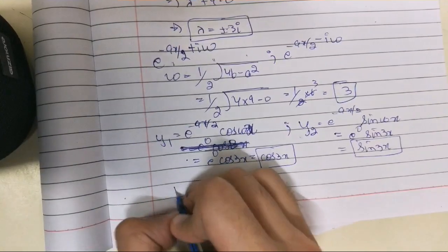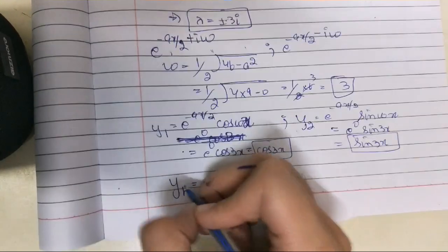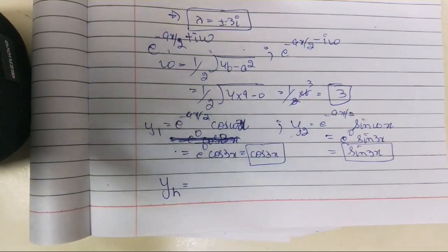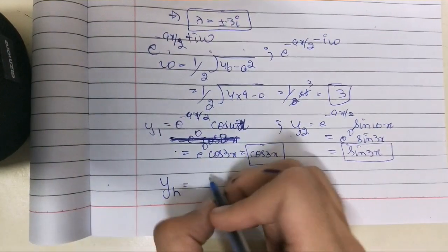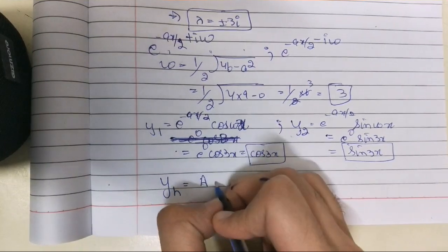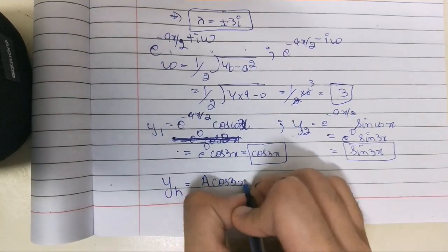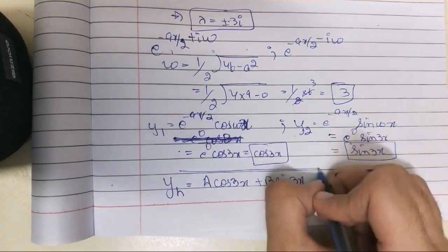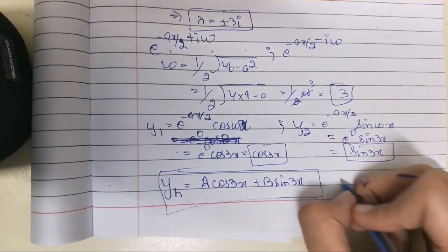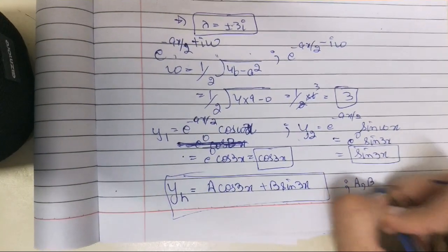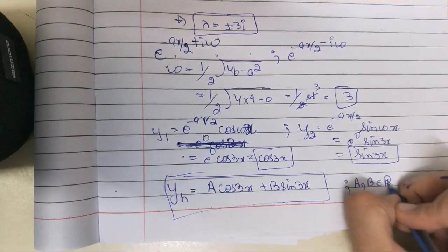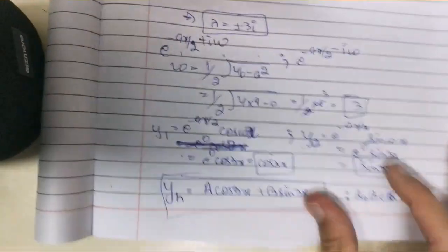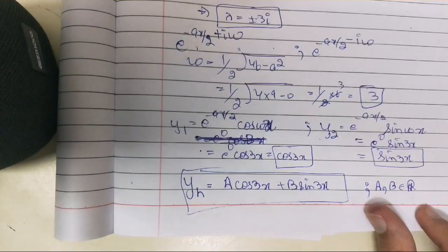So now this yh is the superposition of these two solutions, y1 and y2. So a cos 3x plus b sine 3x is our yh, where a and b are constants that belong to real numbers.